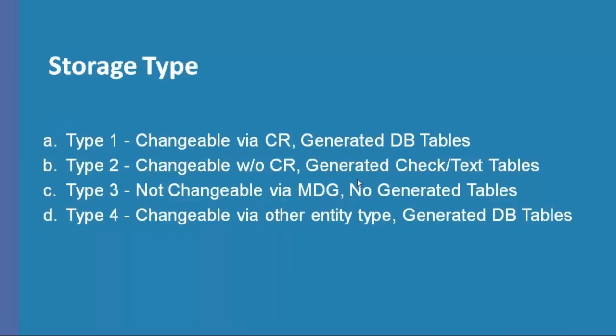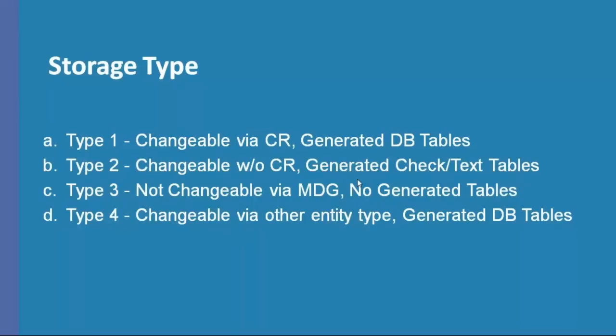In short, we just call them type 1, type 2, type 3 and type 4. On a regular basis, we say this entity type is like type 1, or type 2 or type 3 or type 4. But there is a concept behind why we call them type 1, 2, 3 and 4.